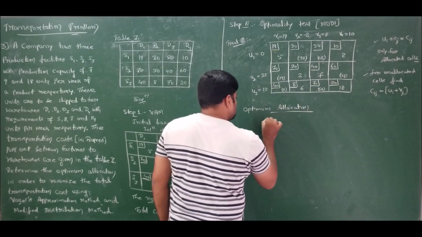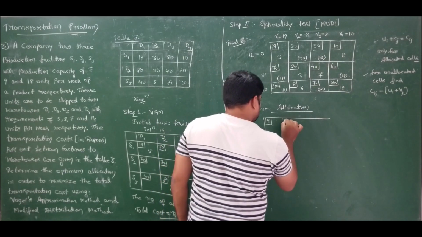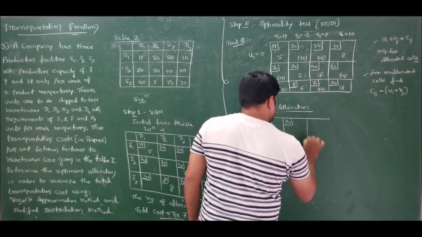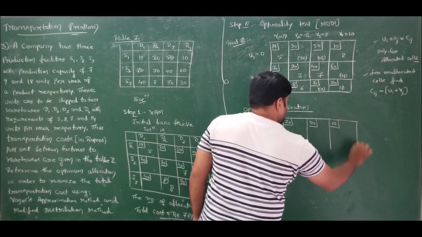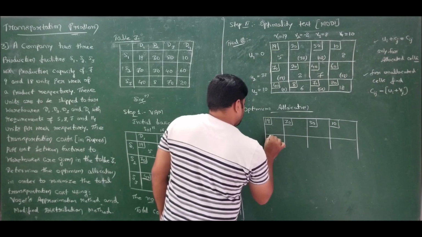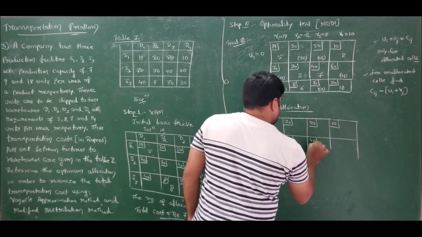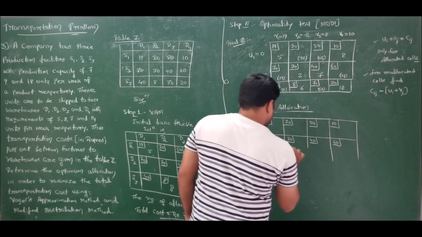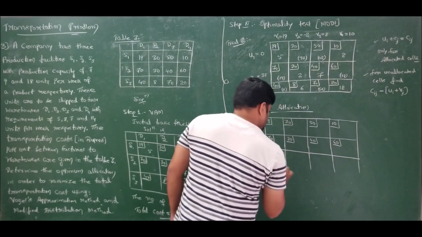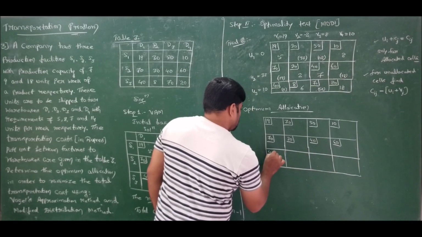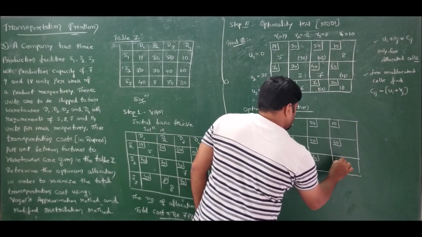Hence the optimum allocation for this problem is, we have 19, 30, 50 and 10. Here we have 70, 30, 40 and 60, and finally we have 40, 8, 70 and 20.